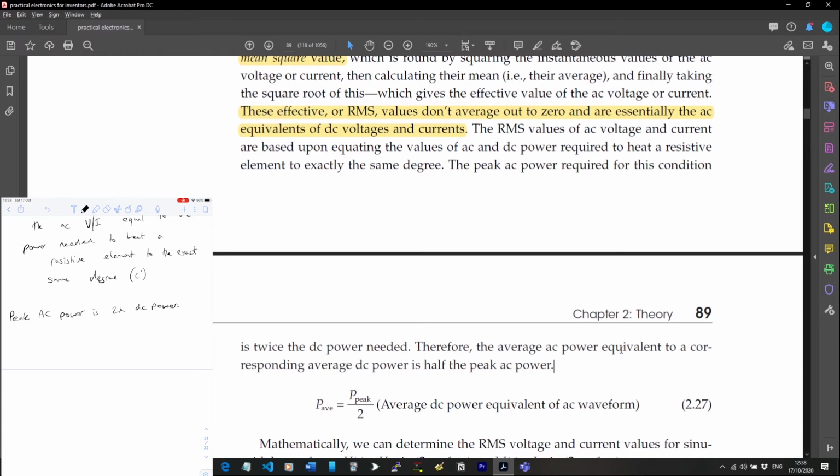Therefore, the average power equivalent, half the average, works out to be 12 because we've just doubled the peak to 24, and the peak is always double, right? And then we're saying, wait, hang on a minute, we want them to be the exact same. We want to equate the values, so it needs to be half.